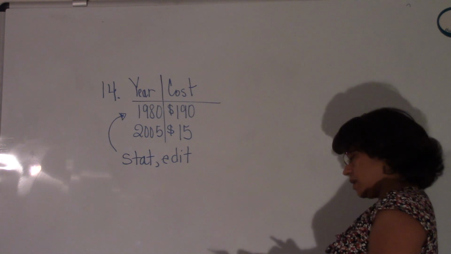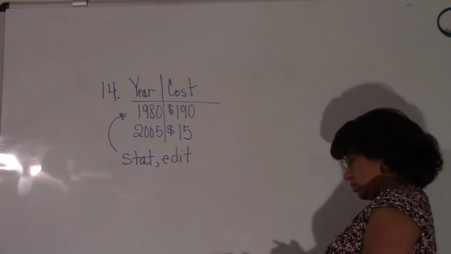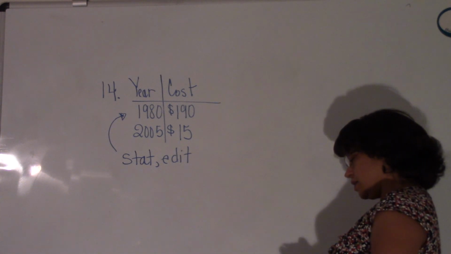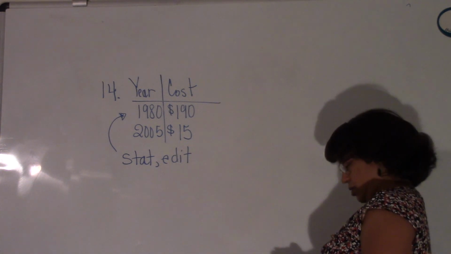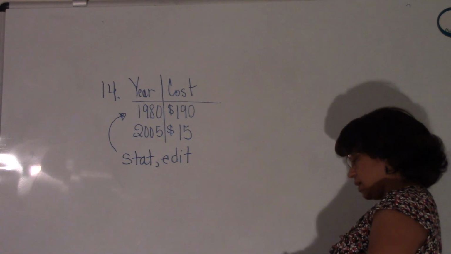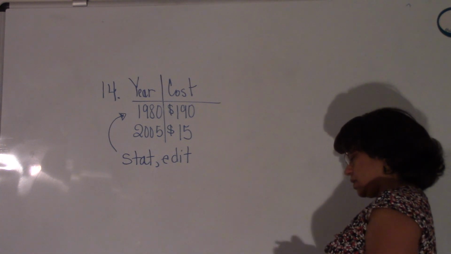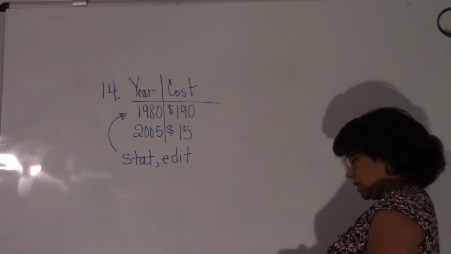You can cursor up, hit clear, cursor down, and now start putting it in. 1980 under L1, enter. 2005, enter, and then let's move over to L2: 190, enter, and 15, enter.